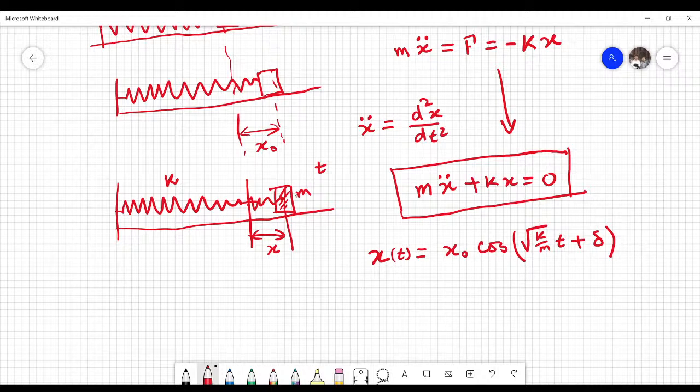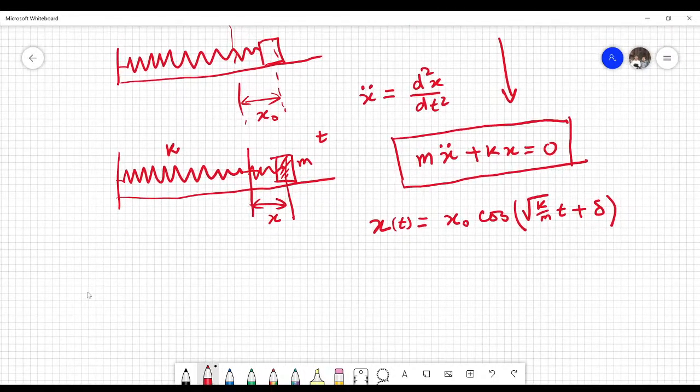If you release without any velocity at x0, your initial phase angle would be 0. So in that case, delta equals 0, and x of t equals x0 cos of square root of k by m t. That's all.